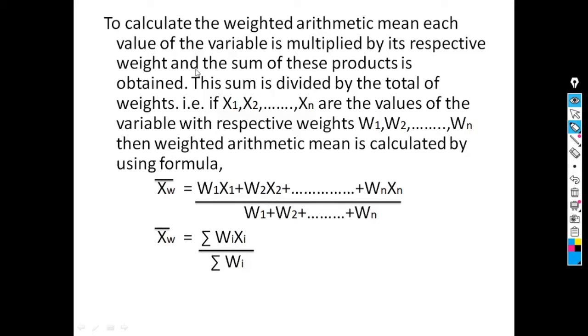So weighted arithmetic mean is denoted by xw bar, and it is given as summation of wi into xi divided by summation of wi, where wi are the weights.